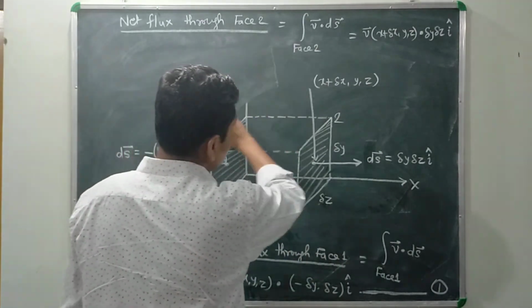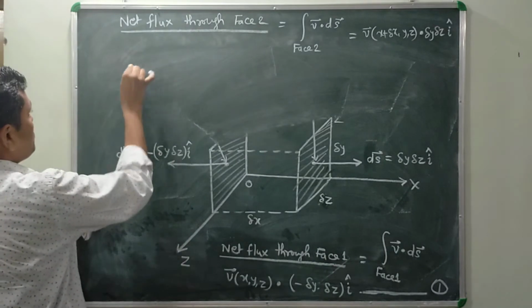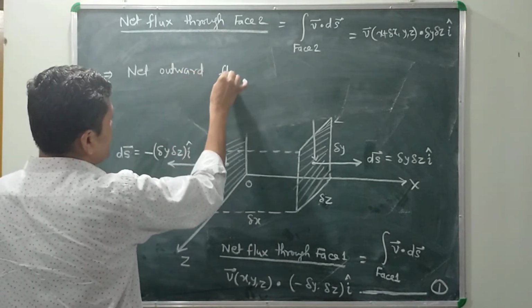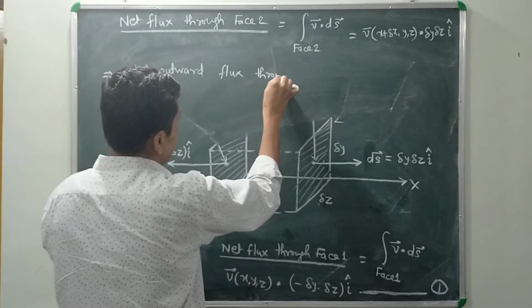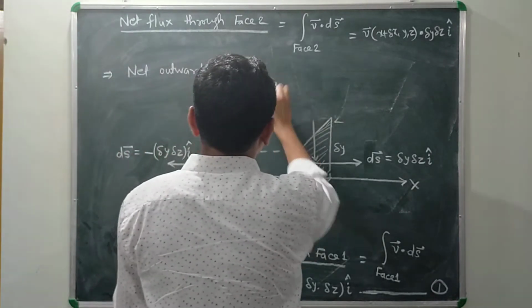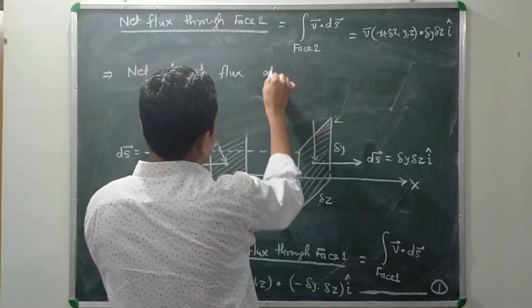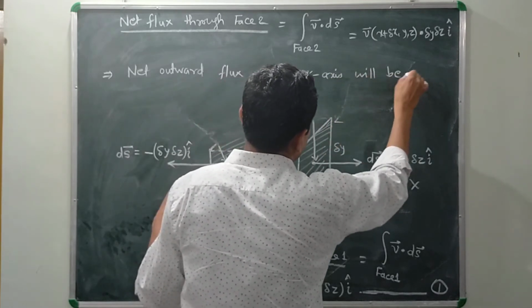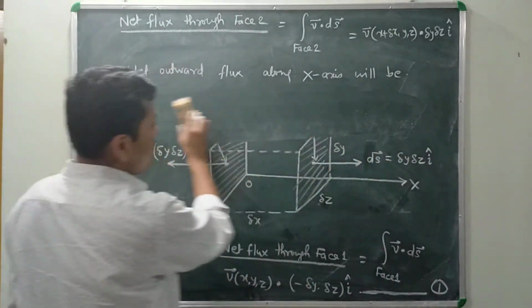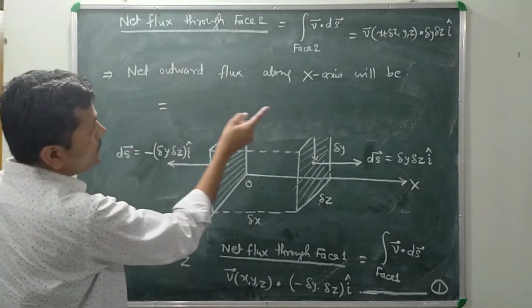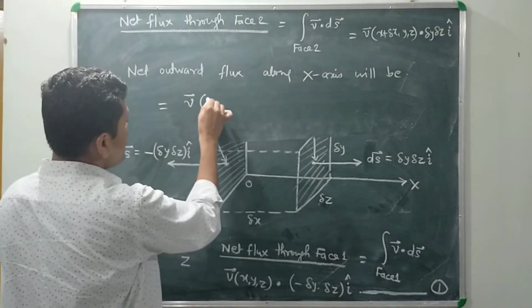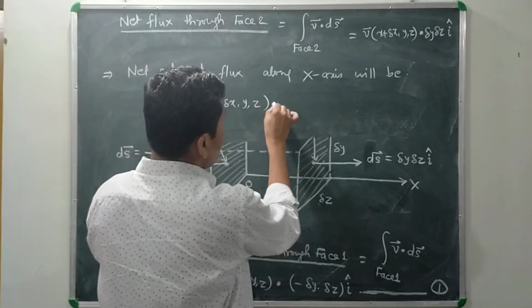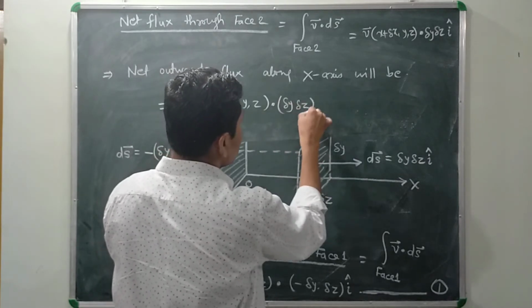So write down, net outward flux along x axis will be the sum of these two fluxes, means v(x plus delta x, y, z) dot delta y delta z i cap.